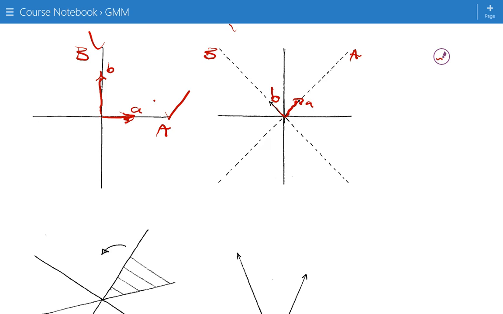All the B's are orthogonal to all the A's, so A and B are orthogonal complements that together make up the full two-dimensional space. So it doesn't have to be that the vectors line up on, like the first graph here, they don't have to line up on the axis, so to speak.